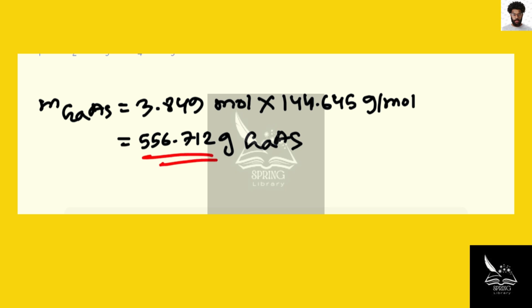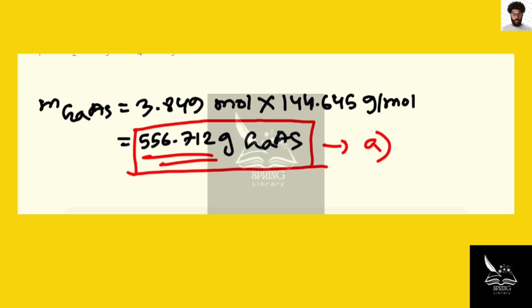So this is the mass of gallium arsenide which will be formed or produced in this reaction. So that is our answer to our question A.